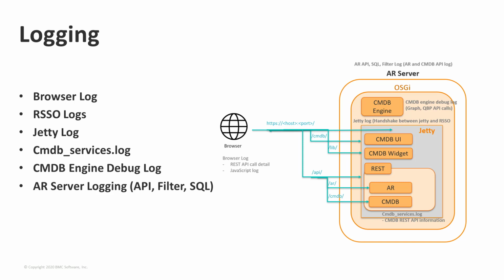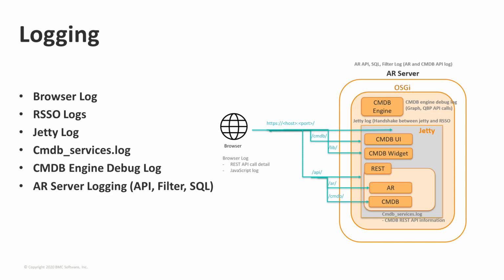Once my authentication is done, and we know that the CMDB service is executing, you can have a further log to look at: the CMDB engine log, as well as the AR server API SQL filter log. The CMDB engine log captures more about the graph API as well as QBP.